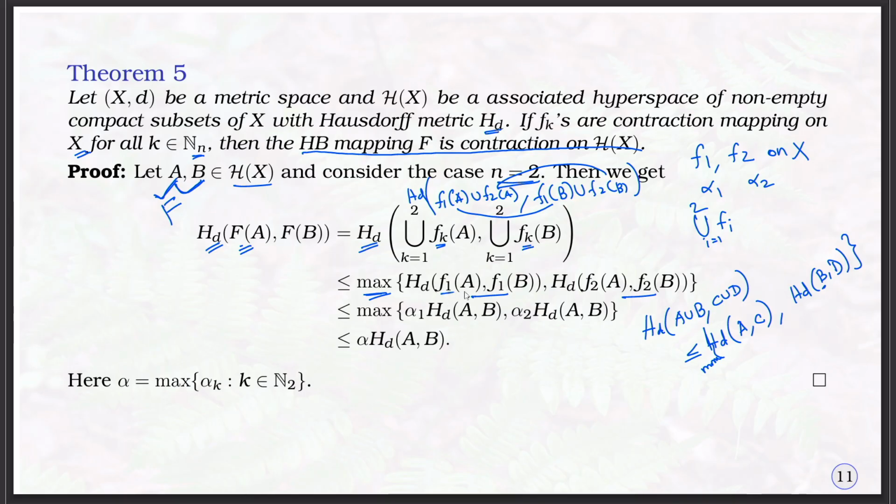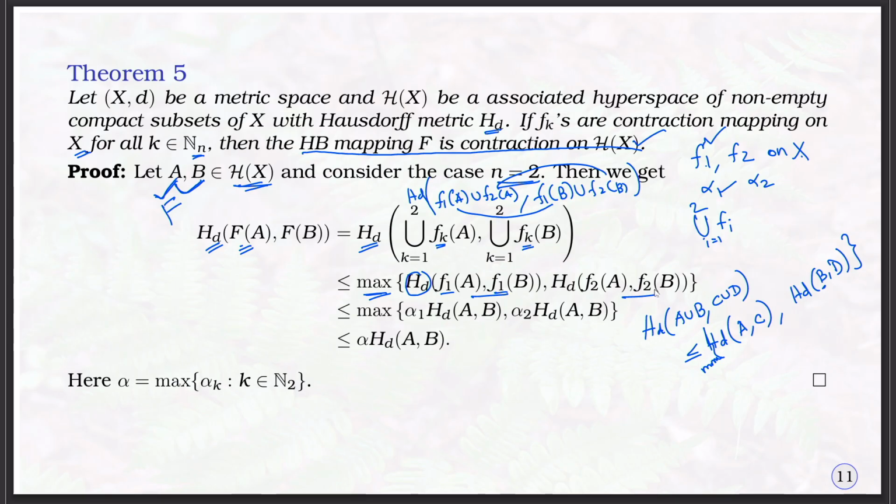We know that F1 and F2 are contractions on H of X. Since the mapping F1 is a contraction on X with contraction factor alpha 1, this function is a contraction on H of X with the same contraction factor. Therefore, the Hausdorff distance between these two elements can be written as alpha 1 times the distance between A and B.